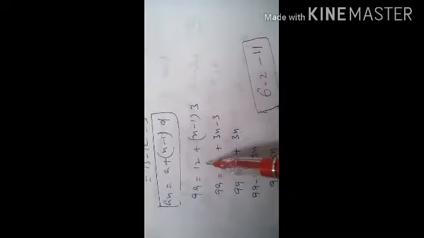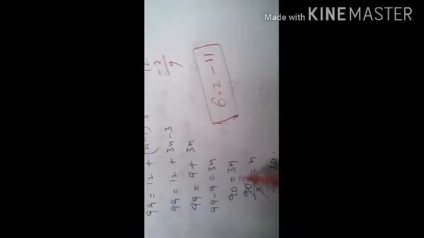Now calculating an, 99 is equal to 12 plus (n minus 1) into 3. 3 into n, 3n minus 3. So 12 minus 3 will give 9. So 99 is equal to 9 plus 3n. So sending 9 to the left hand side, we get 90 by 3. So 3 cancels 30 times.